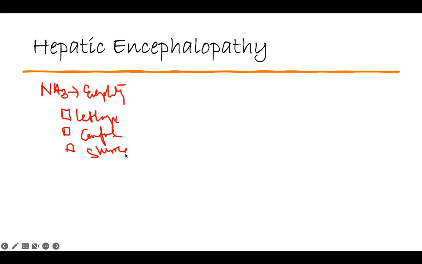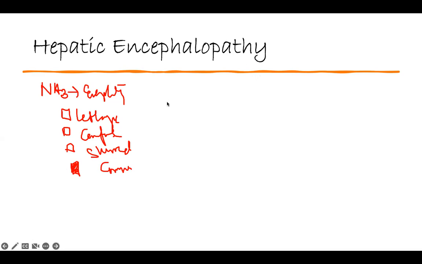They can't talk properly. And if they have slurred speech, confused and lethargic, they can go into coma. Among all of this, being in coma is the priority symptom. This is why you have to treat it right away.